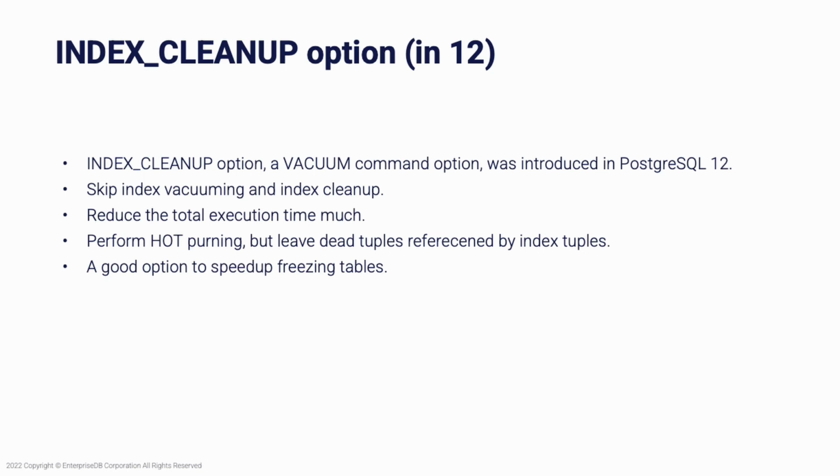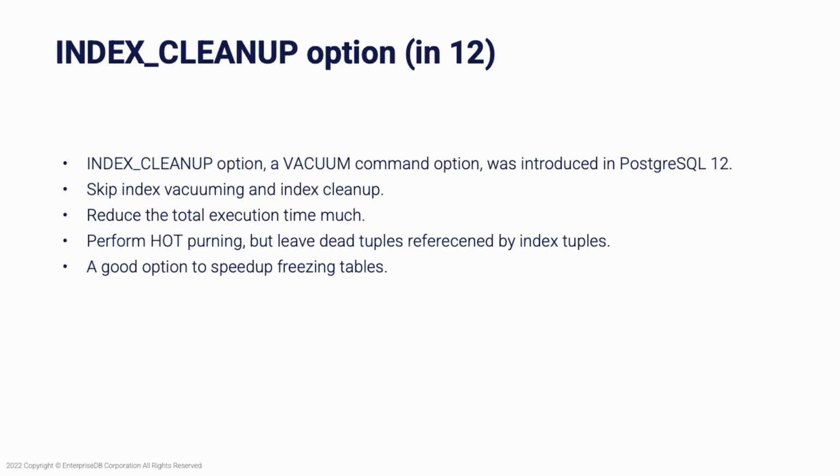The index cleanup option was introduced in Postgres 12. Setting it to false disables index vacuuming and index cleanup during vacuum, reducing the total execution time much. The heap vacuum is optimized by using the visibility map as I mentioned before, but index vacuum doesn't have such a map, so typically it needs to read the entire index relation.